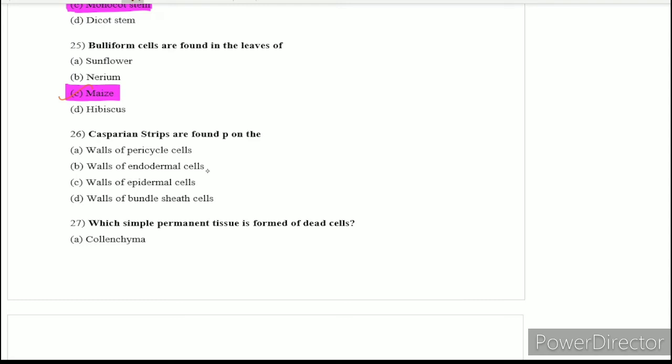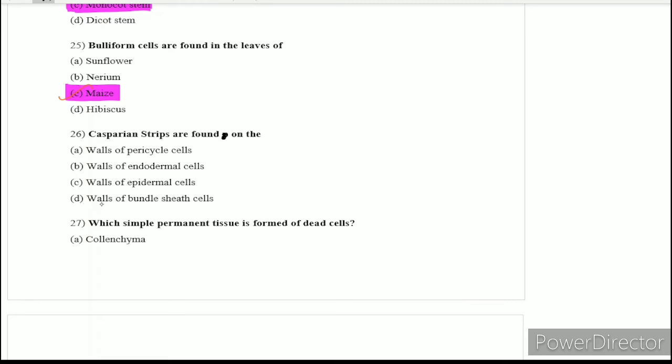Next question. Casparian strips are found on the... this is a typo, don't consider this part. Casparian strips are found on: Option A, walls of pericycle. Option B, walls of endodermis. Option C, walls of epidermal cells.